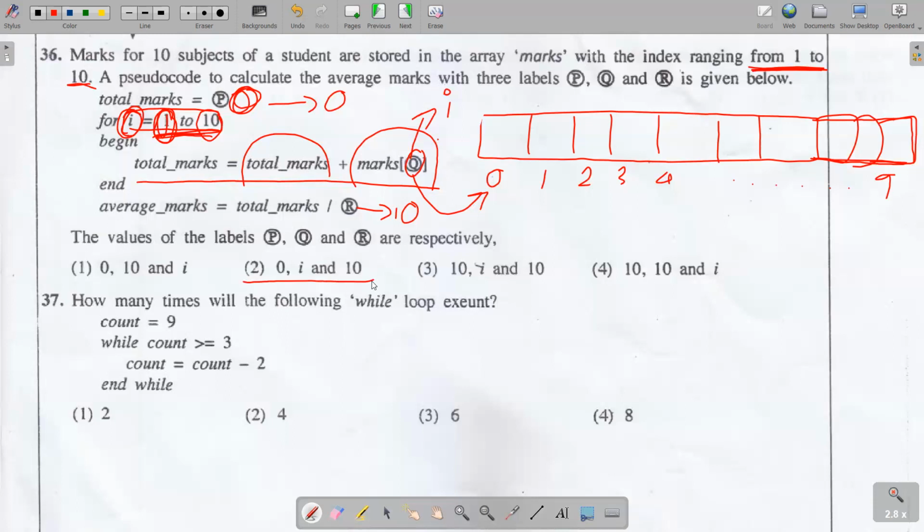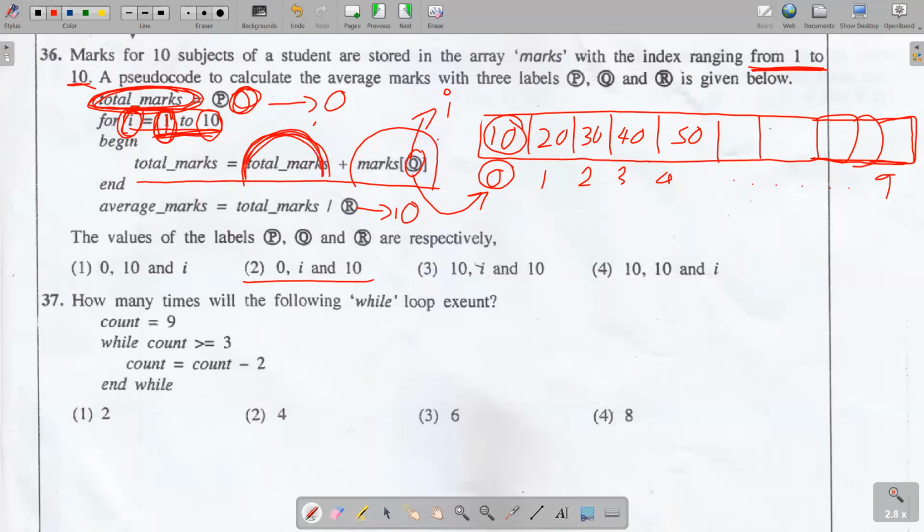Second one. P now, yeah Chanuri, P is going to be 0. It is because at the initial point, when the program is starting, there is no value for total marks. Now, if you think there are marks like this, what they are trying to do is take this particular one, mark 0, and add it up with the total marks.